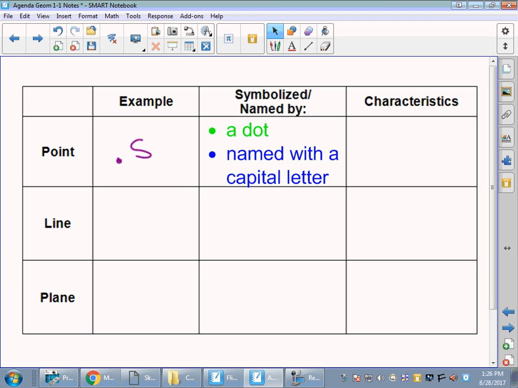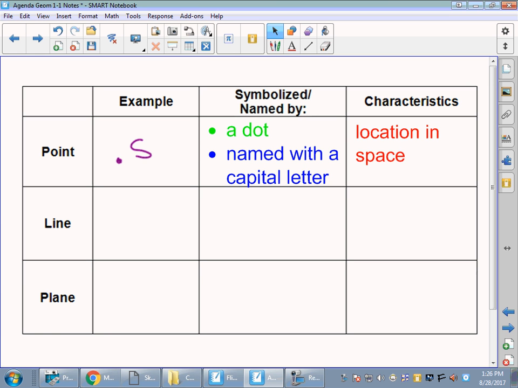It's not a point if you name it with a small letter, so make sure you keep your capitals. If you're one of those people who make smalls for caps and caps for smalls, you got to switch it up. Characteristics: basically, a point is nothing more than a location in space. Point is the most basic of all of them.